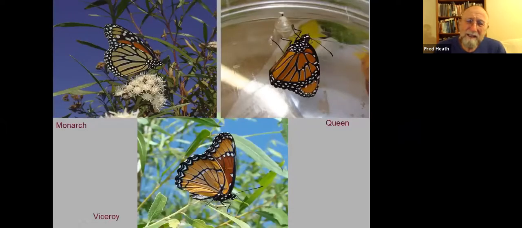And again, the monarchs, we have a monarch butterfly here and the queen here. We have more queens than monarchs. We get some. And then there's the Viceroy. The Viceroy is very closely related to the red-spotted purple I just showed you. And again, it's a mimic of these butterflies. And it also eats willows.